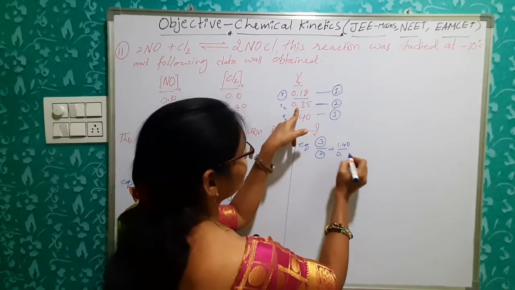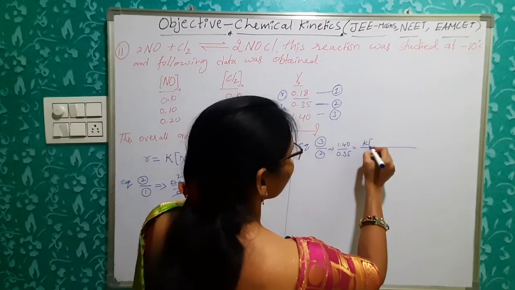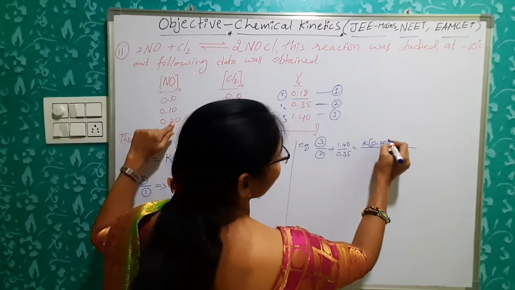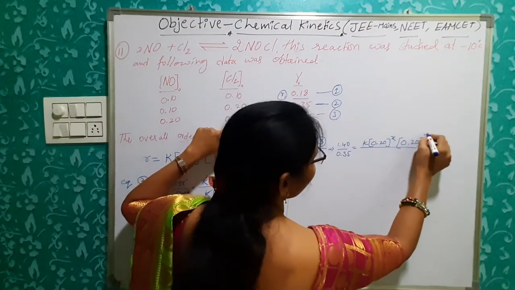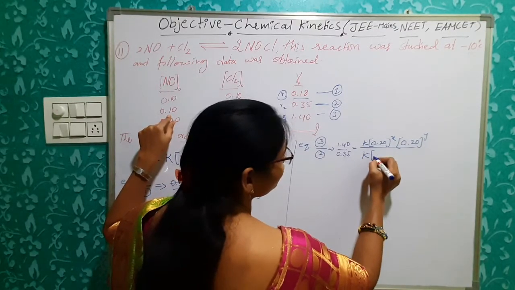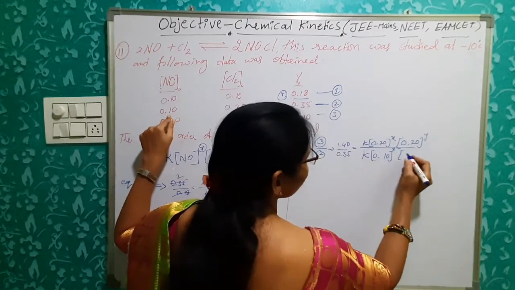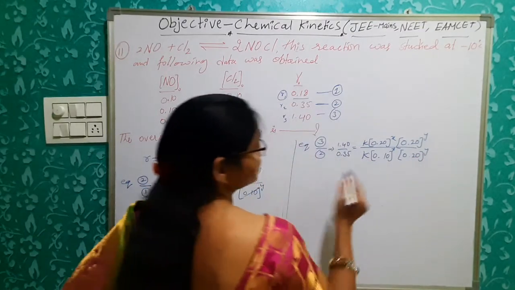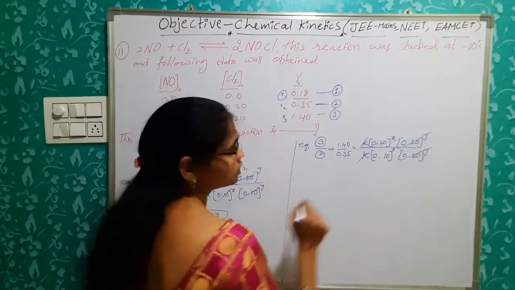Next, 0.35 is equals to K into concentration of NO in third equation 0.20 power X, 0.20 power Y. So here K into concentration of NO 0.10 power X. Next, 0.20 power Y. So K, K cancel. So here these Y values cancel.